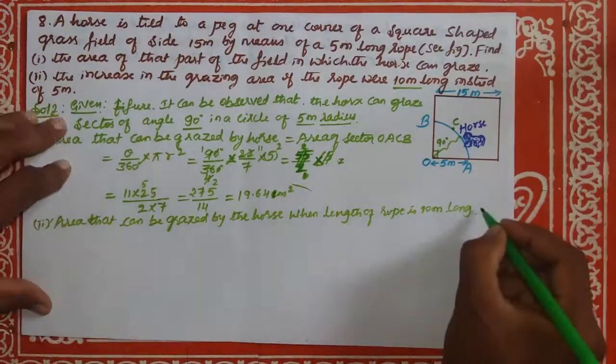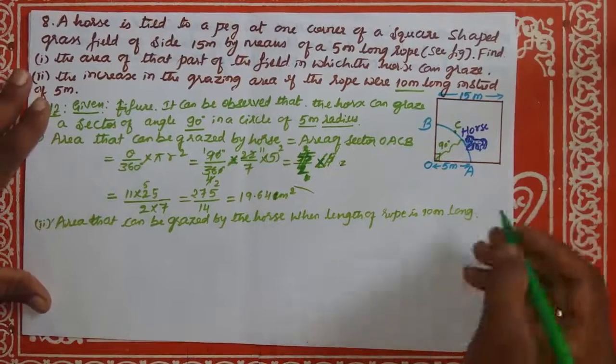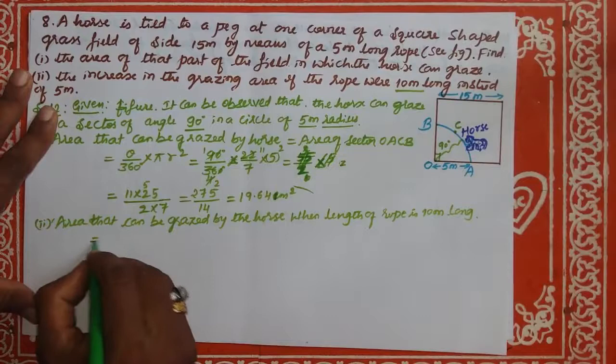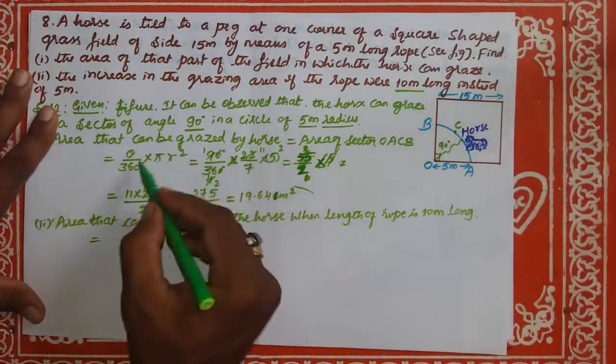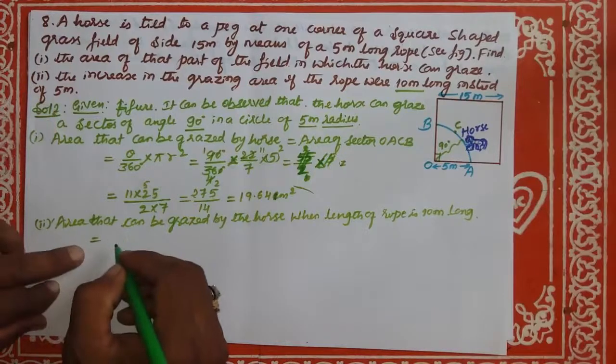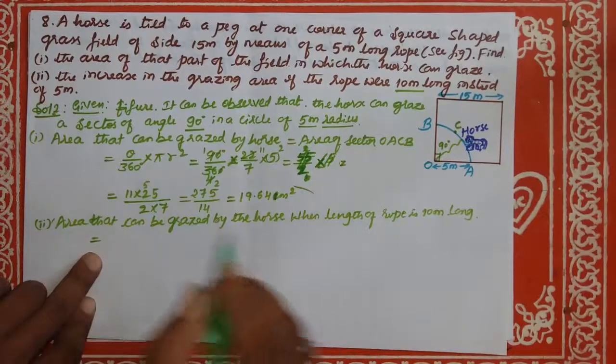So what is the formula? We apply theta divided by 360 degree into pi r square. Theta is the same 90 degree.